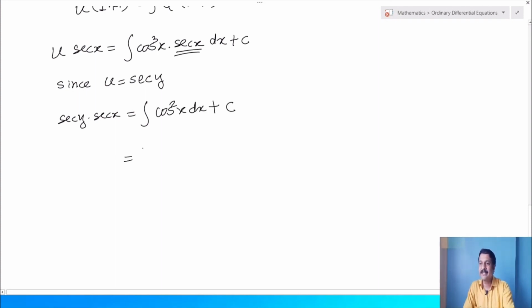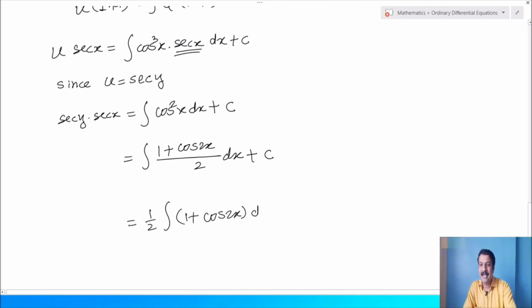How to integrate cos square x? It is 1 plus cos 2x by 2. And that is why 1 by 2 integration of 1 plus cos 2x, left hand side as it is.